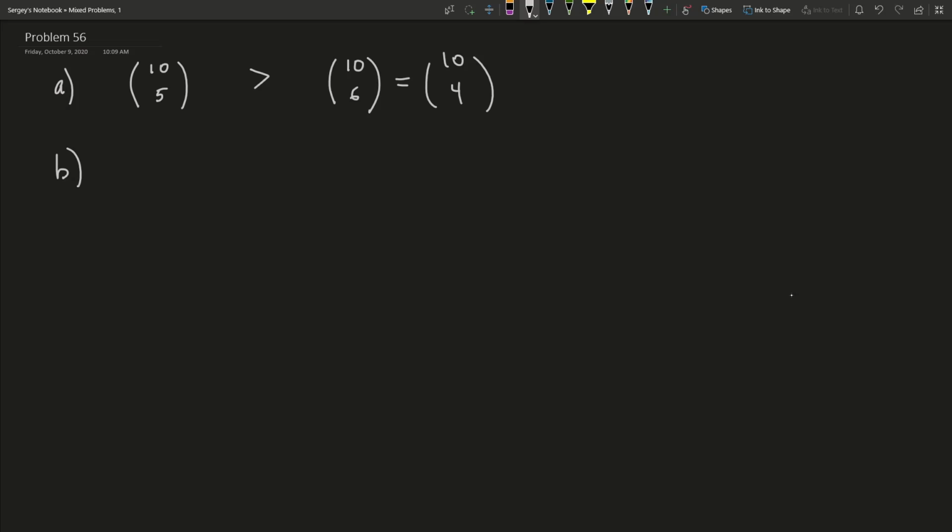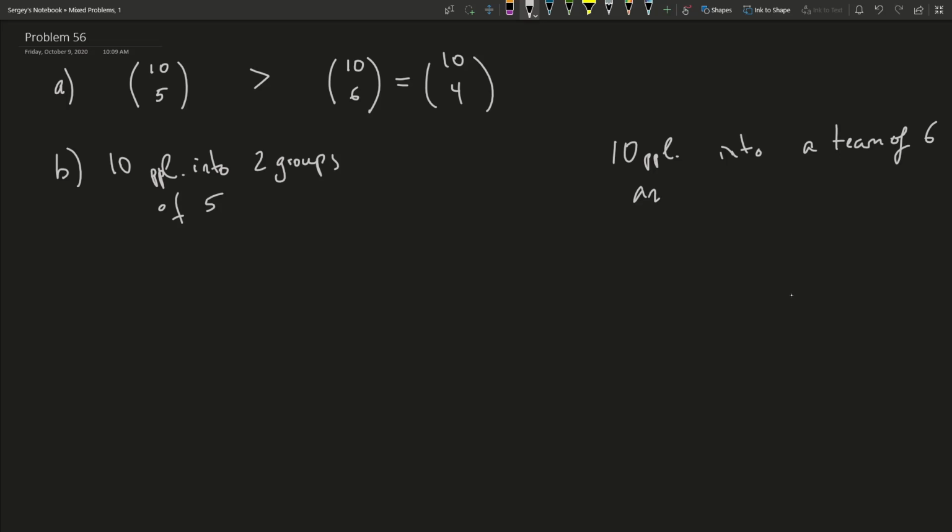Now, looking at part B, we're asked to compare the number of ways to break 10 people into 2 groups of 5, and we need to compare this to breaking 10 people into a team of 6 and a team of 4.